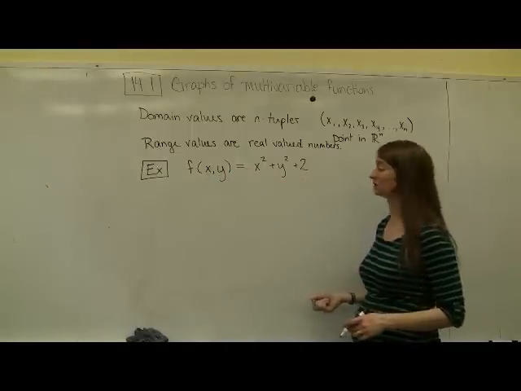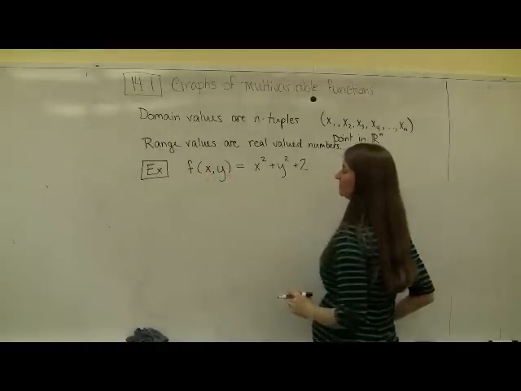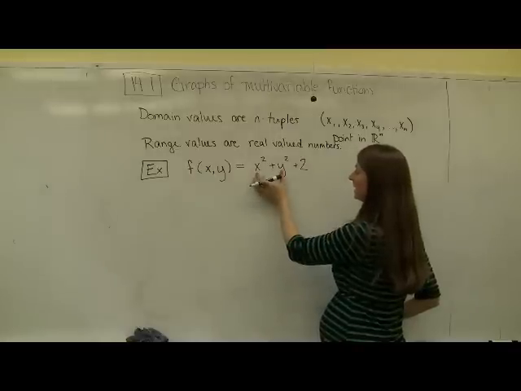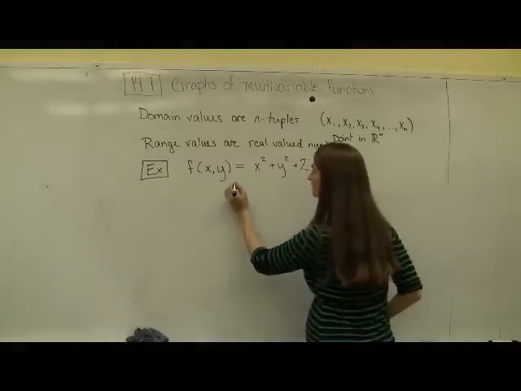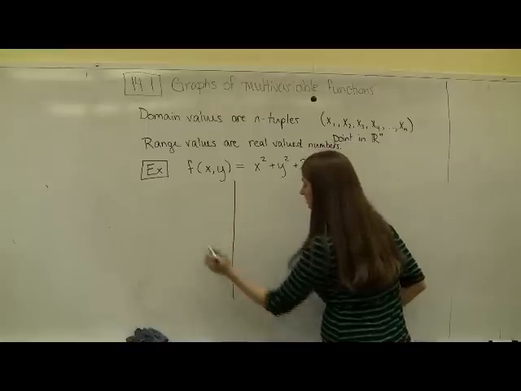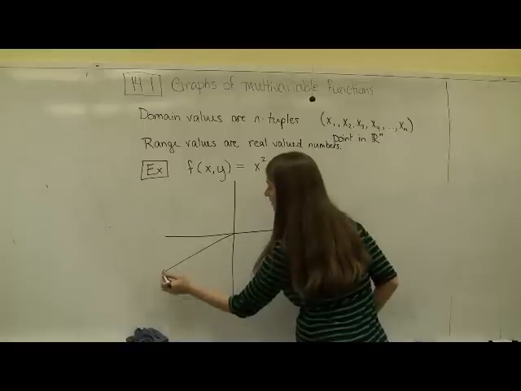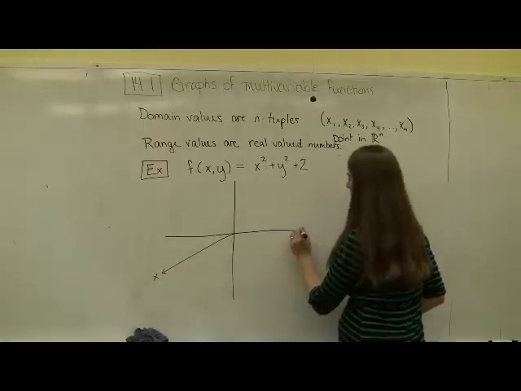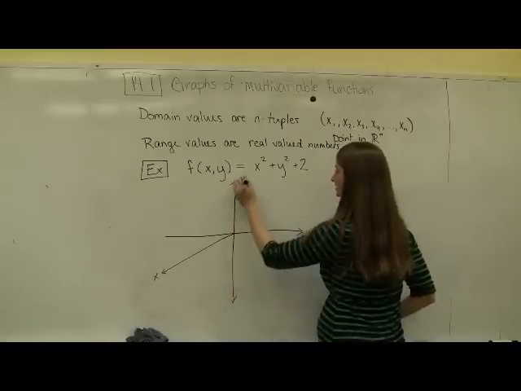And let's explore what this looks like graphically. Graphically, I'm thinking of my x's and my y's as my input values, and my x squareds and my y squareds as my output values. So here's my x-axis, my y-axis, and my z-axis.